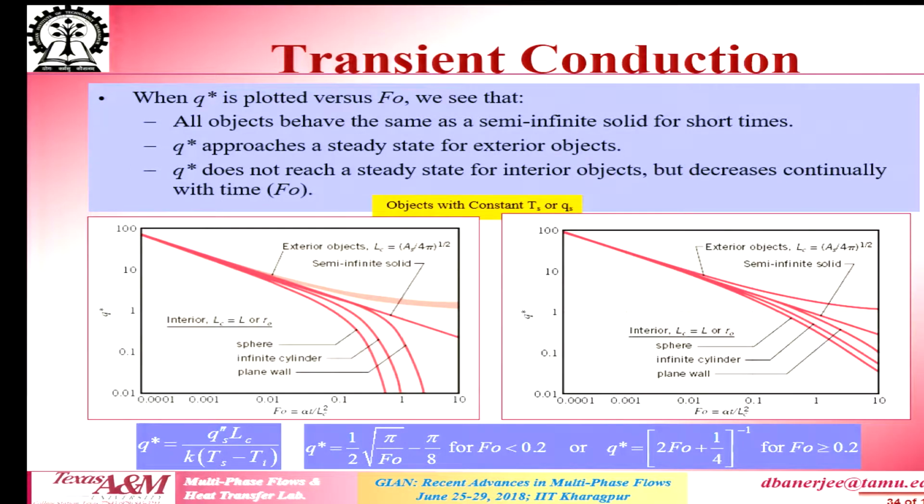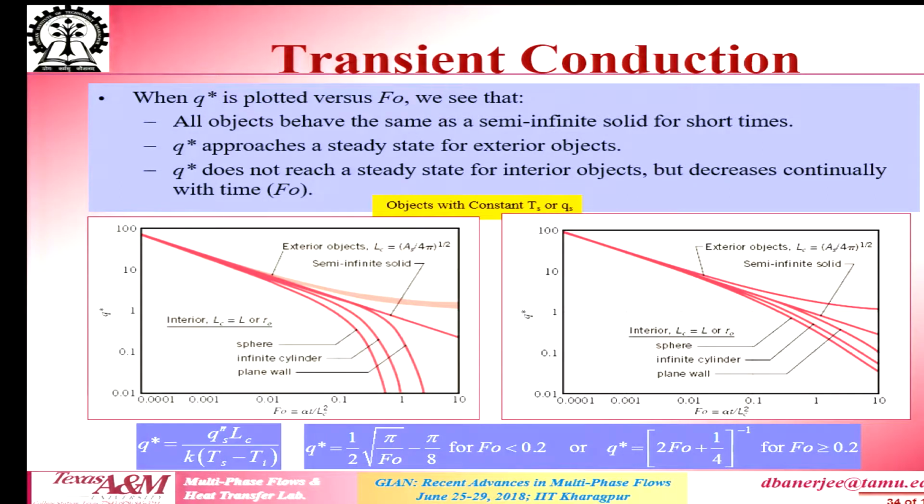Now, if it is an external object, the response goes above the semi infinite solid line, and if it is an internal object, then it goes below the semi infinite solid line. What you see is, when your Fourier number is less than 0.01, ideally less than 0.001, there is a very small departure between your real equation and the semi infinite equation.